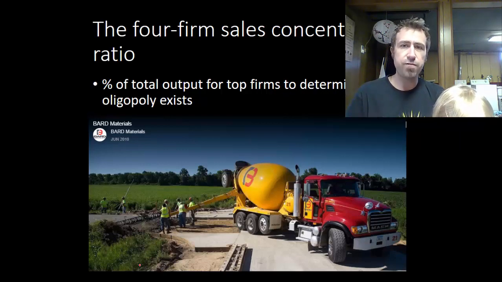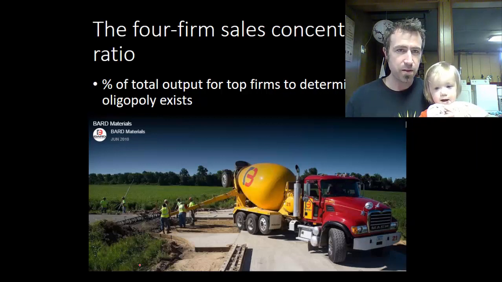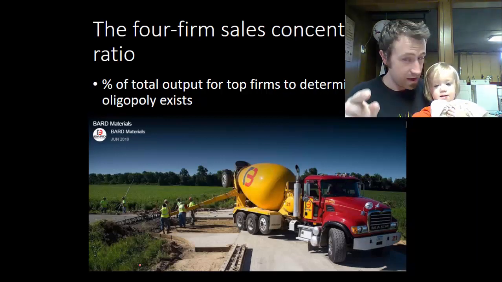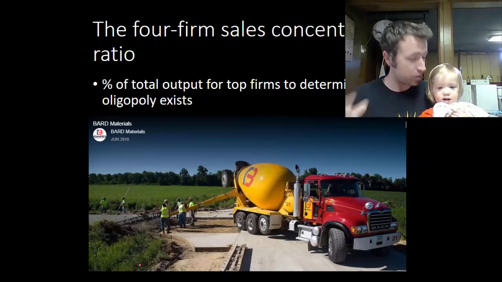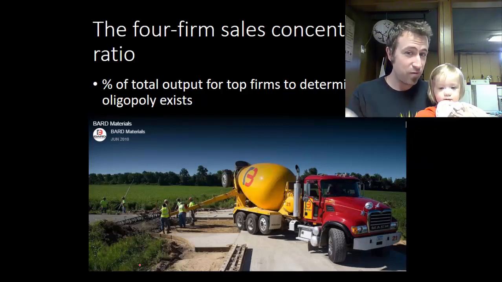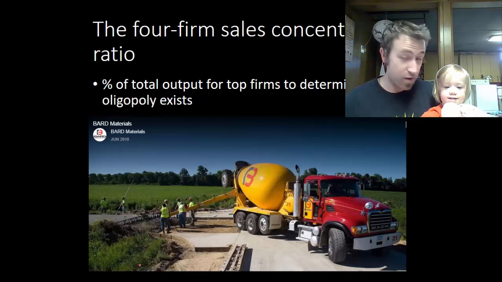There's a problem with this 4-firm sales concentration ratio, and that is, yep, there's a cement truck there, yep. The problem is cement trucks are, if you were to do research all across America, you'd find out cement companies, there's thousands of them. They're very local.